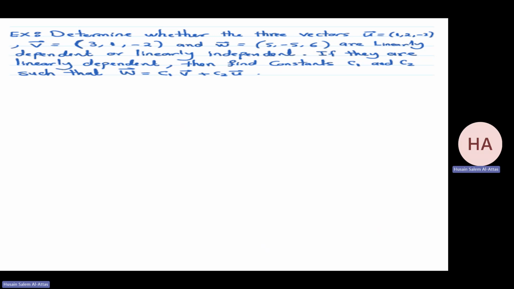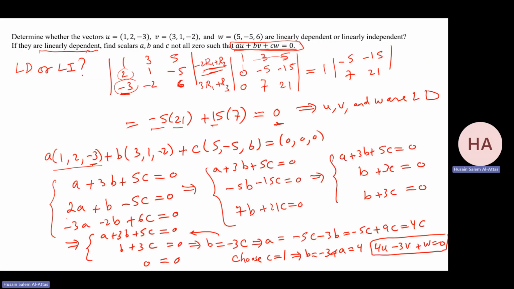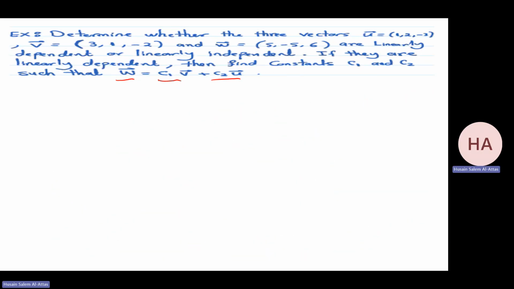But what they want is, if they are linearly independent, then find constants C1 and C2 such that W is C1 U plus C2 V. I know 4u minus 3V plus W equals 0. But now he wants me to do one more step where I need to write W in terms of the other two.